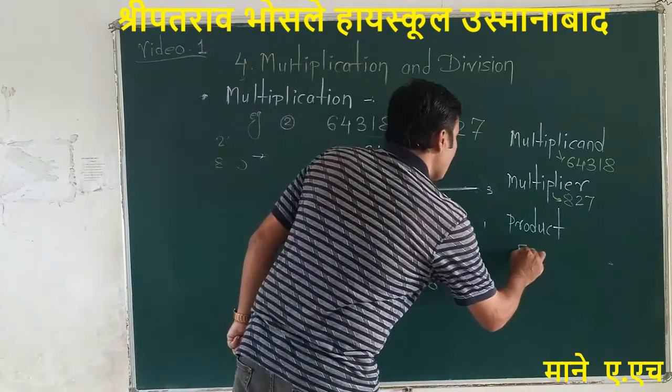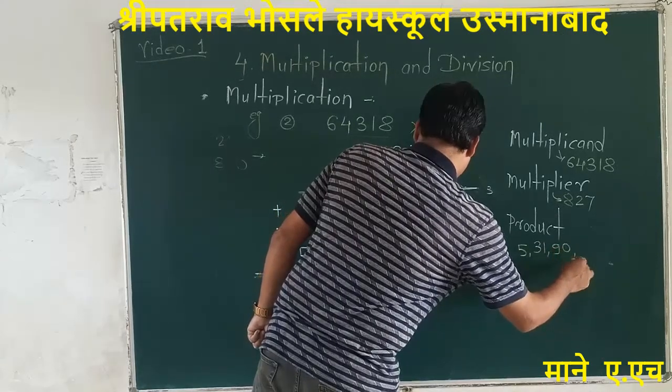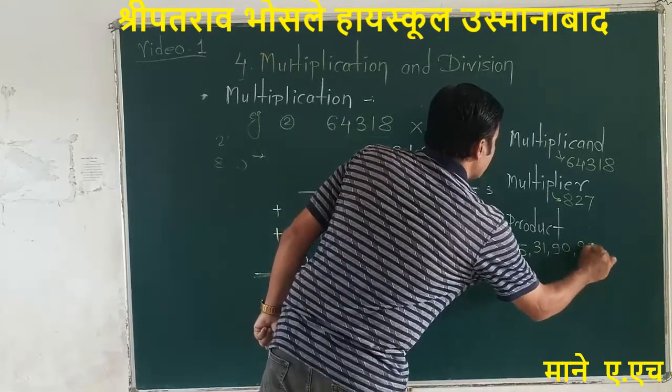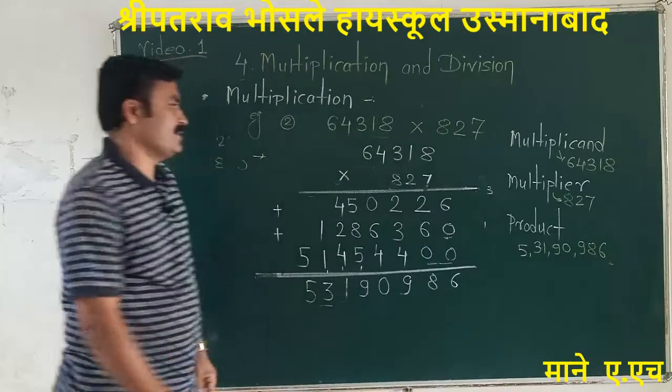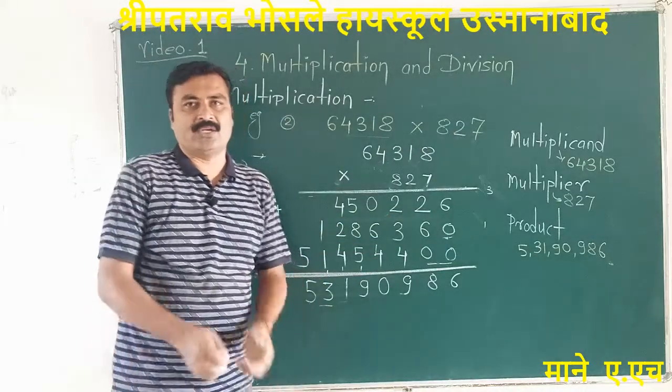So 5 crore 31 lakh 90,986, this final answer is known as the product of this multiplication.